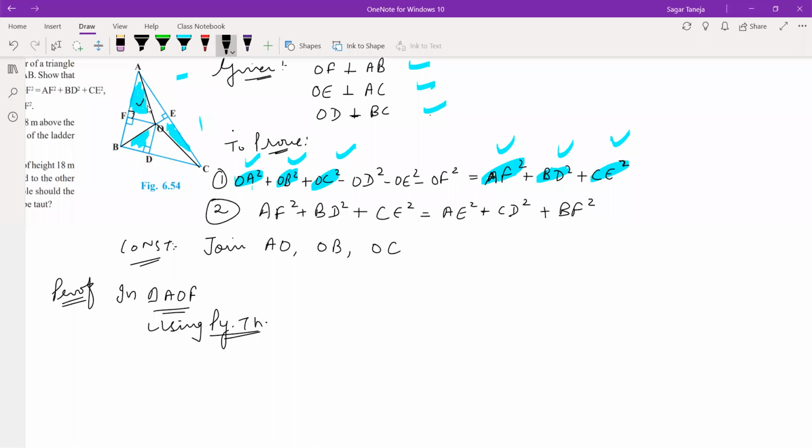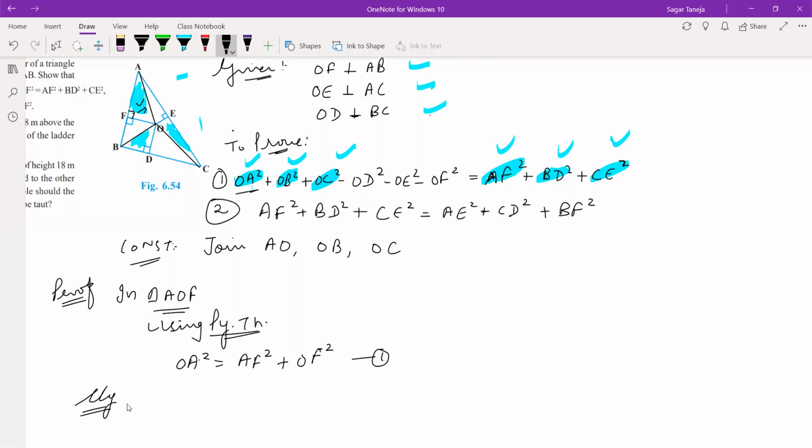And in front of 90 degree we have the hypotenuse. So AO is the hypotenuse. We can write that AO square is equal to AF square. I'm writing this as OA because in the proving it is written OA. OA square equals AF square plus OF square. Let it be first equation.